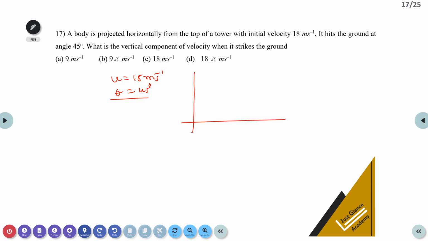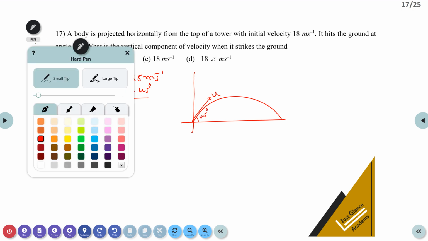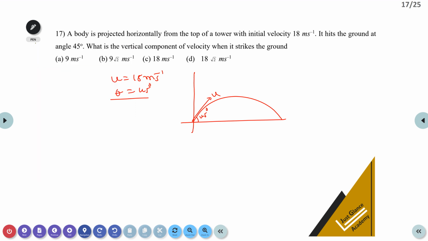That is taken here like this. This is u, this is 45 degree, and the components are ux and uy. I will extend it like this: this is ux, and this is uy, or we can write v also.